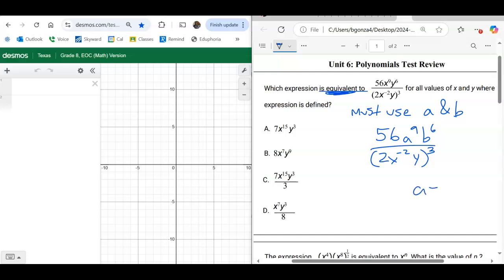Now we're going to set A equal to 2, B equal to 3. Oops, sorry. This is supposed to be A. This is supposed to be B. Okay. So let's go ahead and type this in.